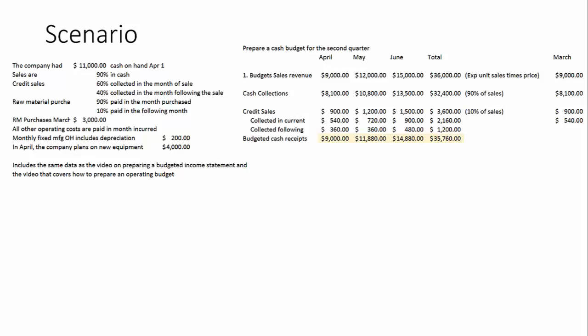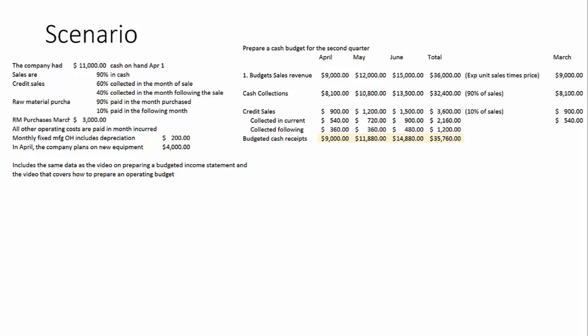So 40% times 900 is 360. So the total budgeted cash receipts, the actual cash that we will receive in April, is $8,100 plus $540 plus $360. So we'll actually collect $9,000 in the month of April.